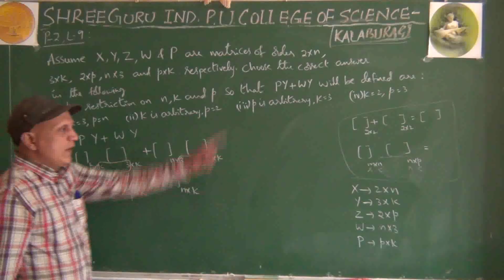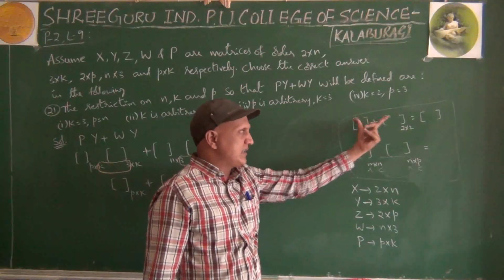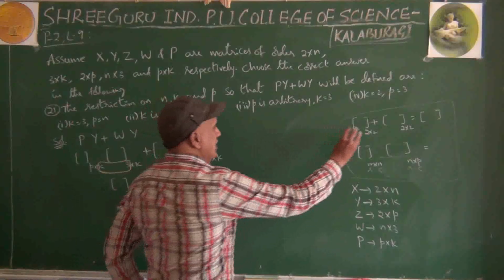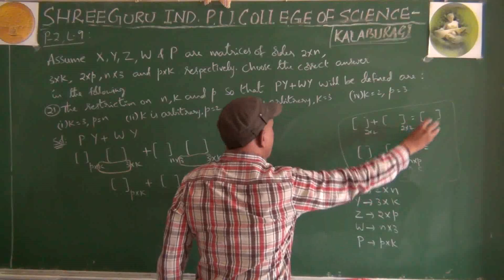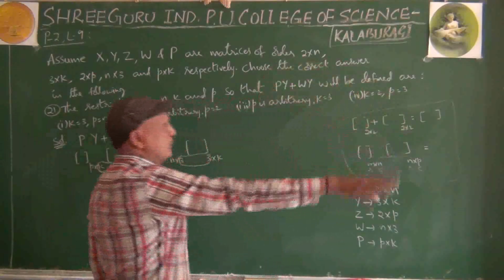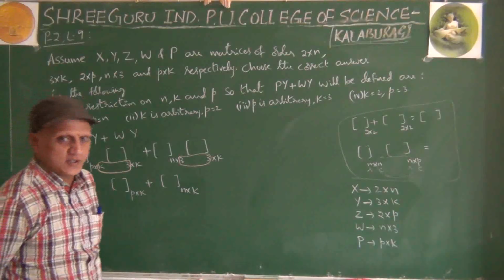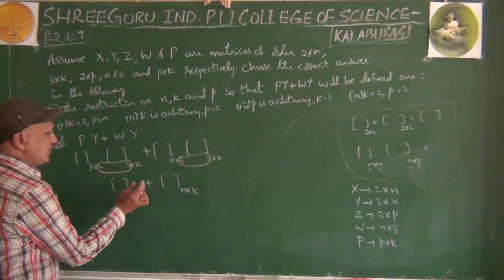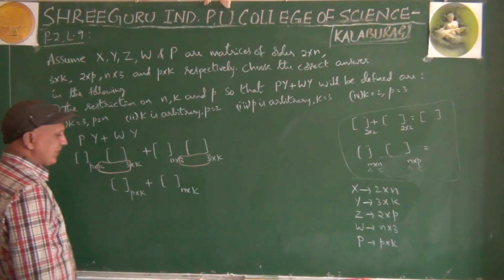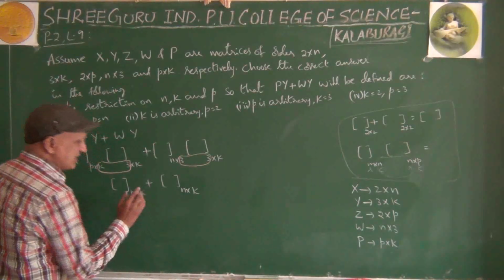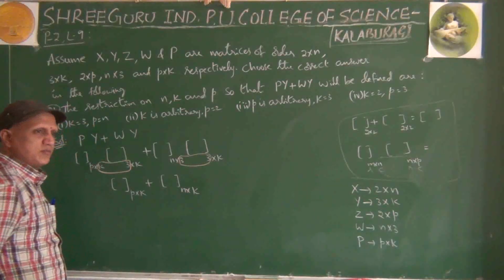Next. If you want to add any two matrices, the order for the first matrix and the order for the second matrix should be the same. Then only addition of two matrices is possible.